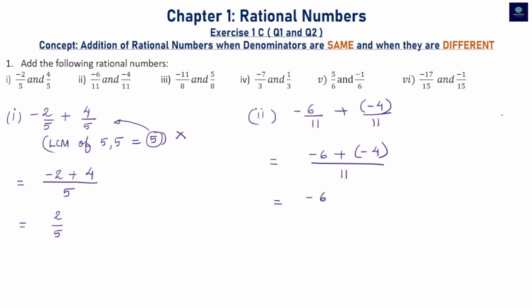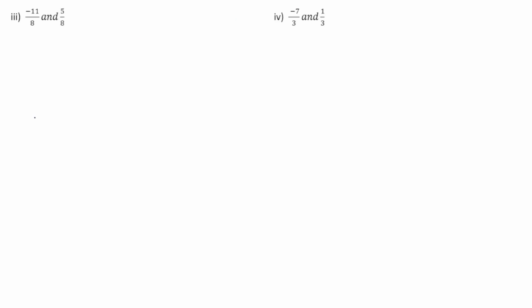So now you have minus 6 plus minus is minus 4 upon 11. Minus and minus becomes plus. 6 plus 4 is 10 by 11, and greater number sign is minus. So our answer will also be a negative rational number. Let us solve the next question.